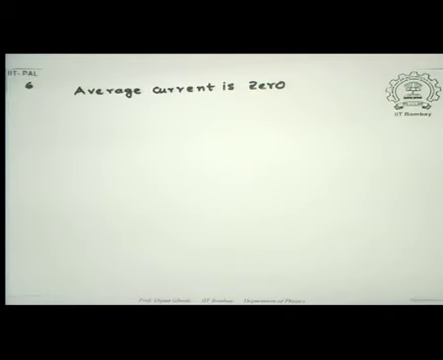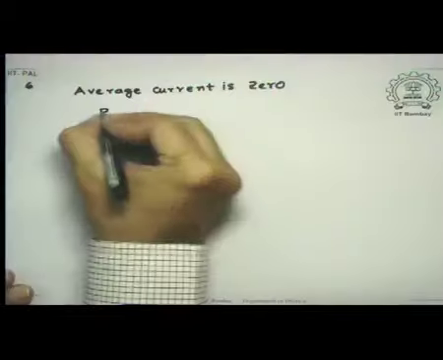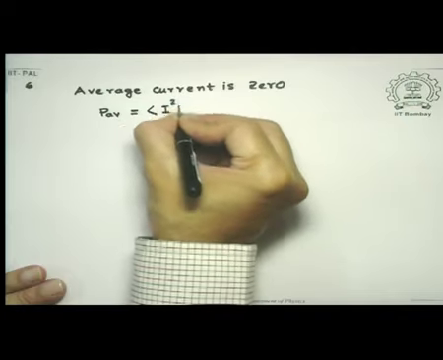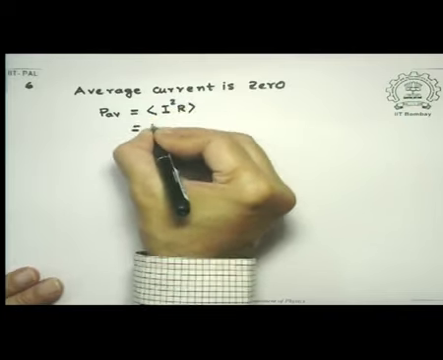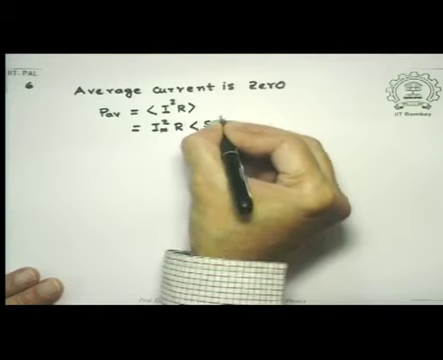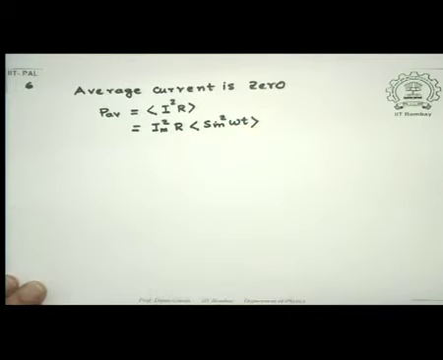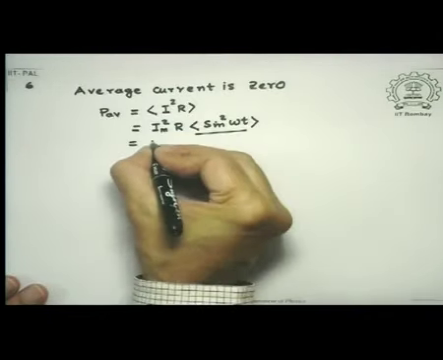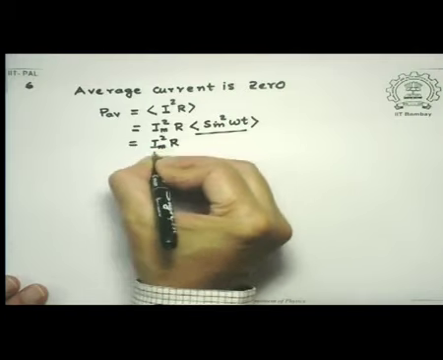Incidentally, this doesn't imply that the power dissipated is 0, because power is given by I square R. So the average power dissipated in the circuit is the average of I square R, which is equal to Im square R times the average of sine square omega t, which I just now proved is half over a cycle. So it is Im square R divided by 2.